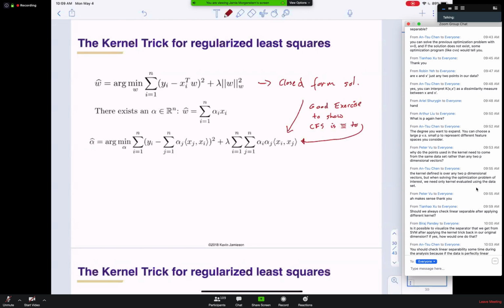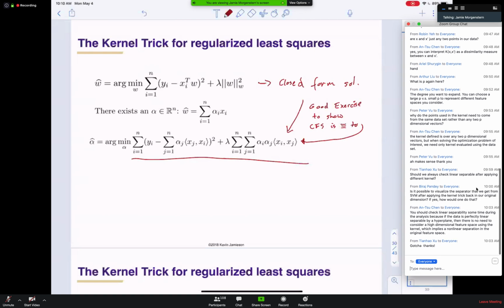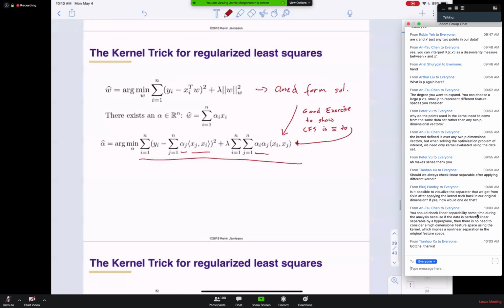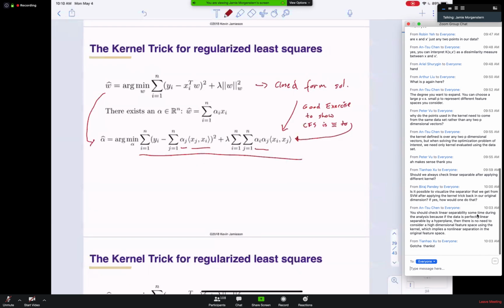So this closed form solution, this term, actually has some nice format, which so far looks like it might be describable in terms of, we've just reparameterized. We basically said we can equivalently write this optimization problem as this one, okay?